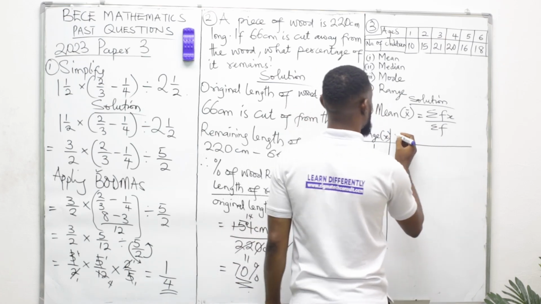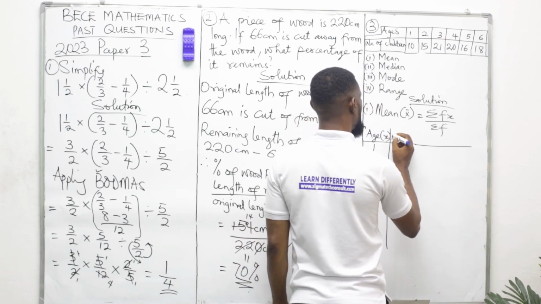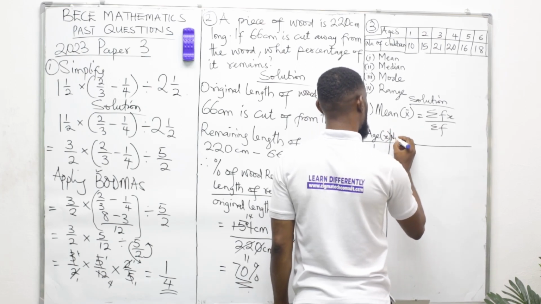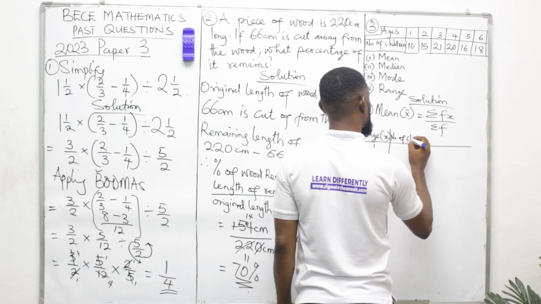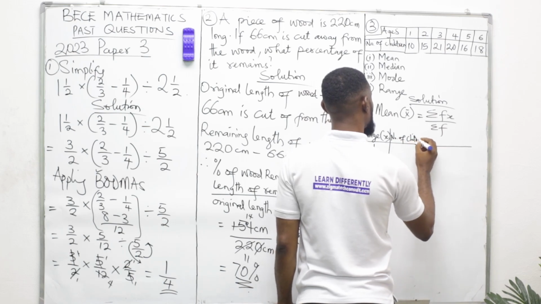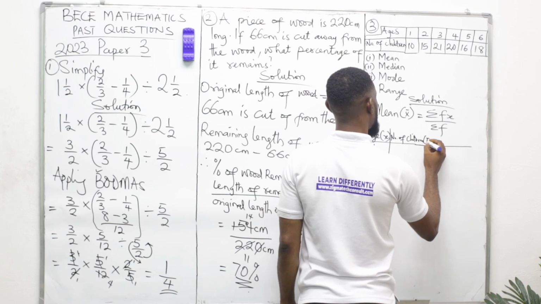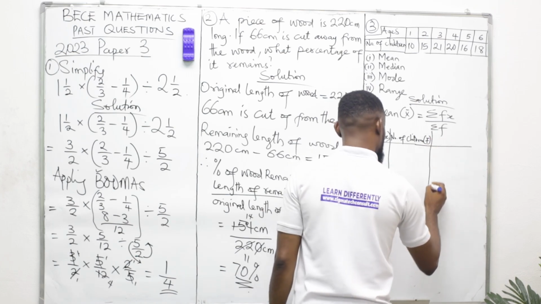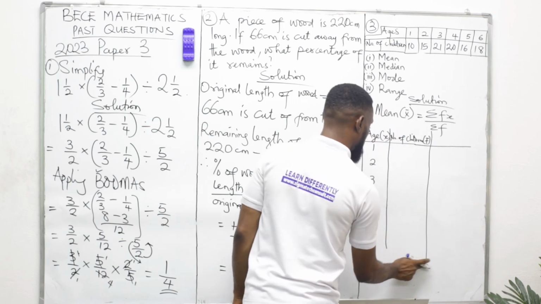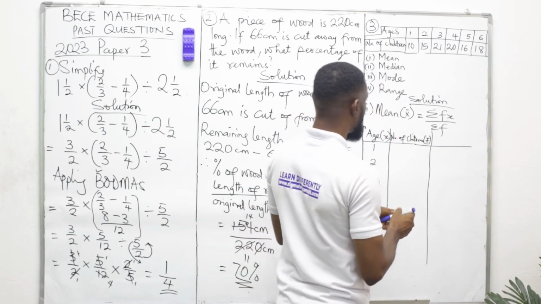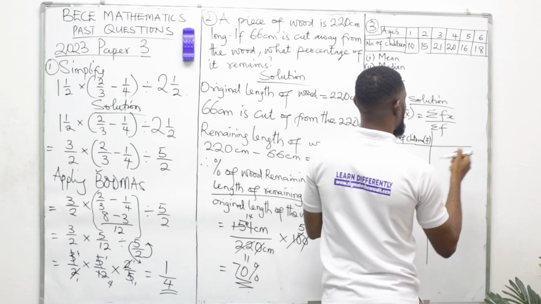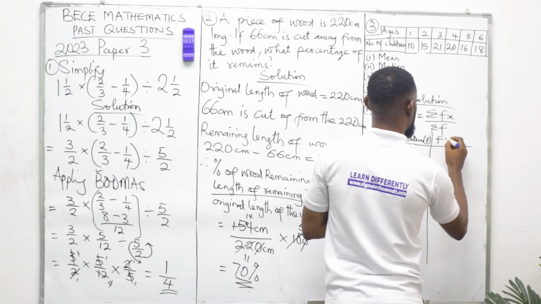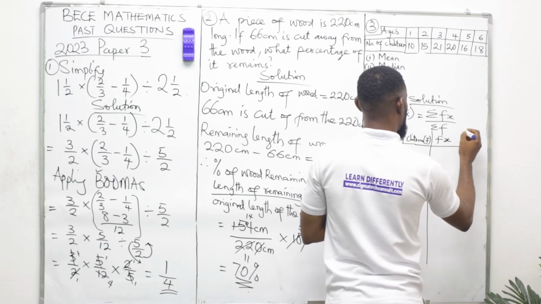Then the next thing we have there is number of children, which is our frequency f. Then the next thing we have here will be fx.